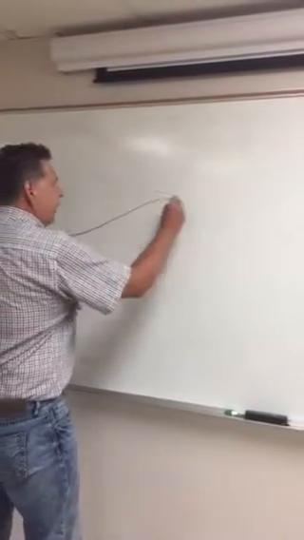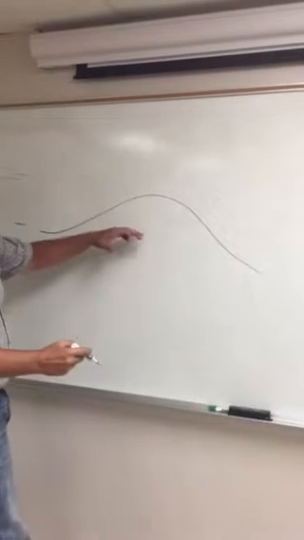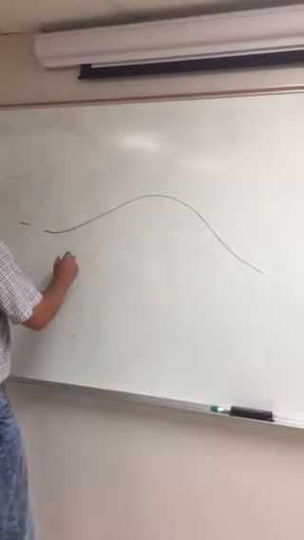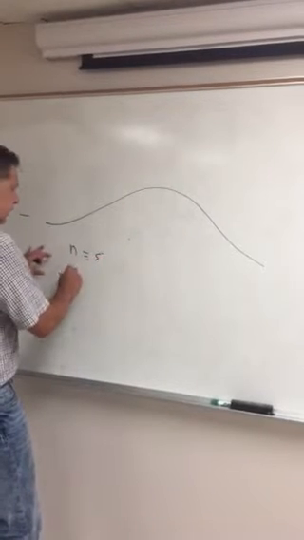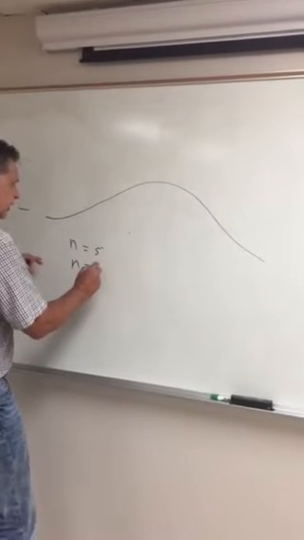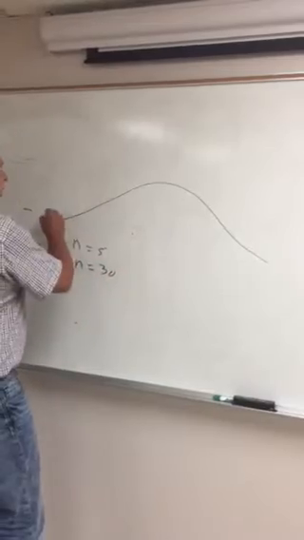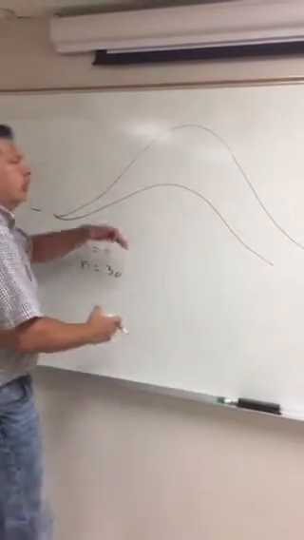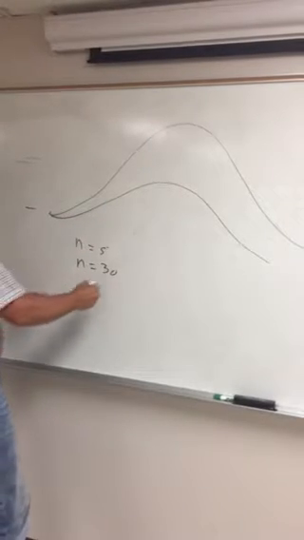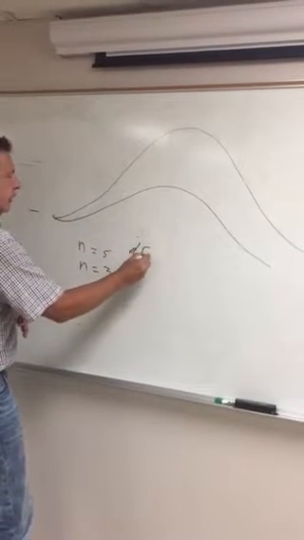So you can have a flatter distribution if you have a low n, like an n of 5 or something like that. As the n increases to 30, it will take on the characteristics of a normal Z distribution. So it can fluctuate based on the degrees of freedom.